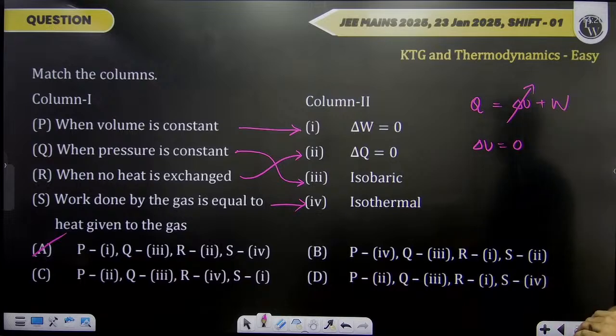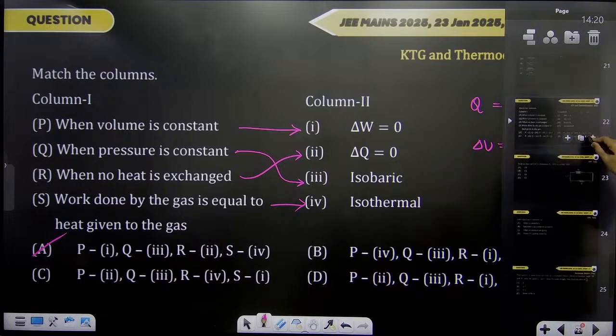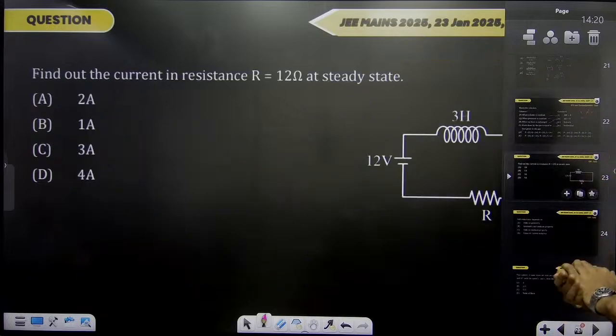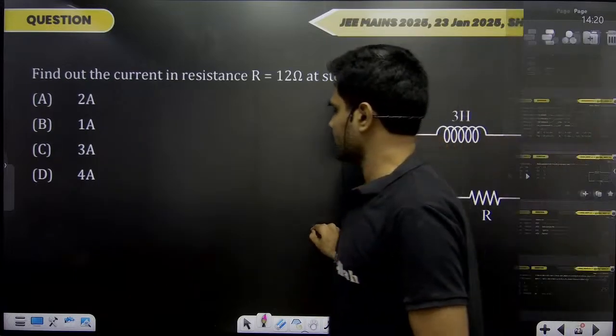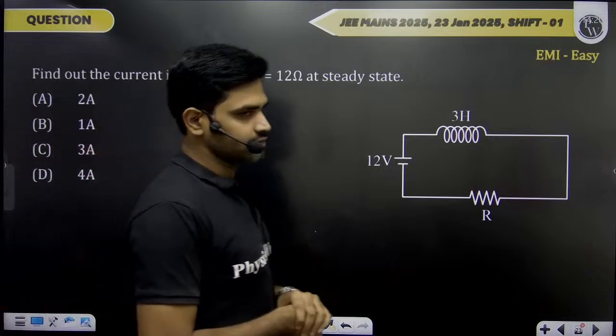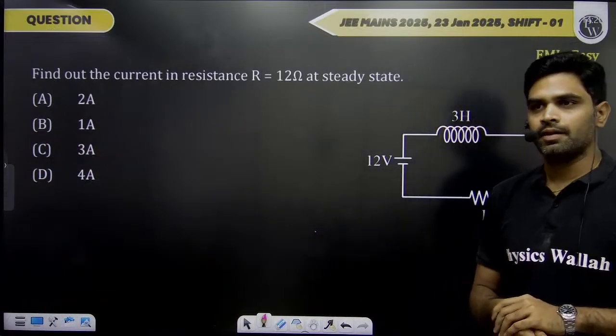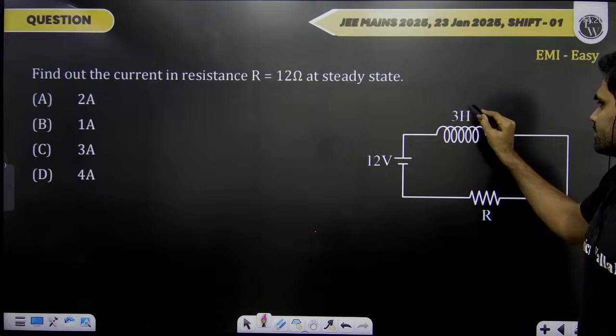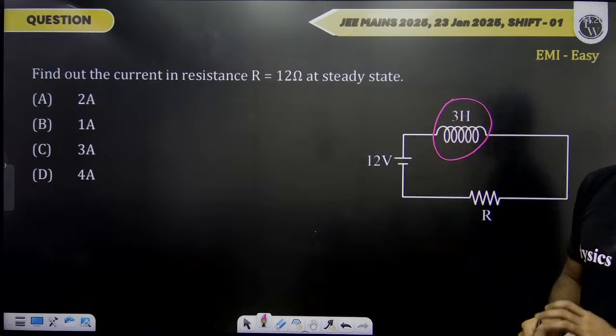As you can see, the paper was very easy. Most of them are direct formula questions. So let us move to the next one. In this question, they are asking to find the steady state current in the circuit. Now we all know that in steady state, the inductor current will be maximum.